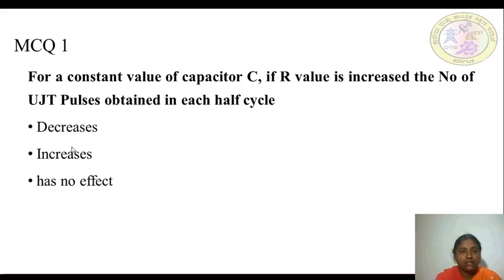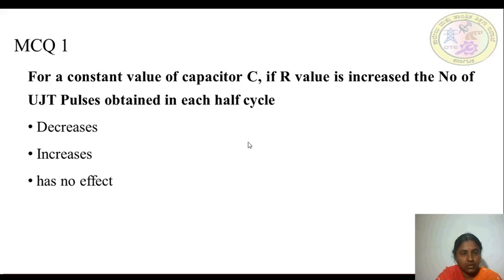Now let us consider some questions from the slides I have previously discussed. The question says, for a constant value of capacitor C, if the R value is increased, the number of UJT pulses obtained in each half cycle is: it decreases, it increases, or it has no effect.